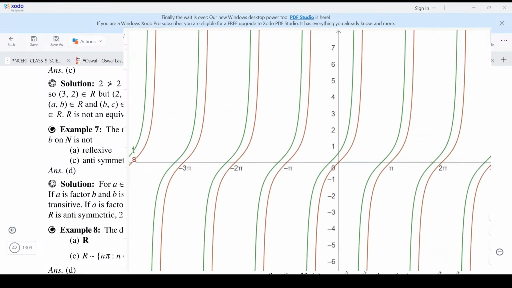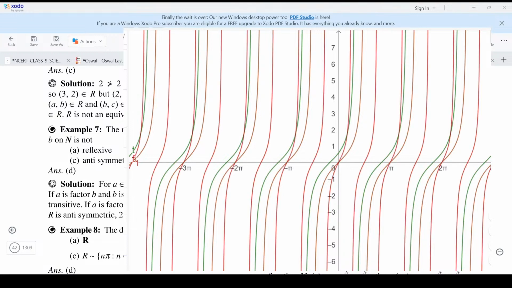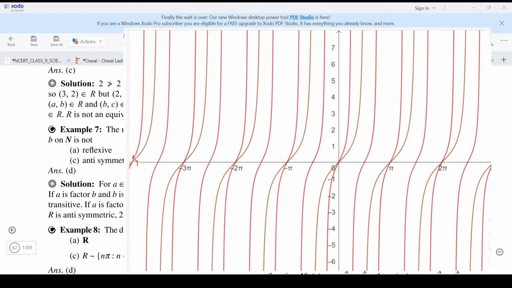Now tan 2x. If it is tan x, then tan 2x will take two repetitions in the same span.